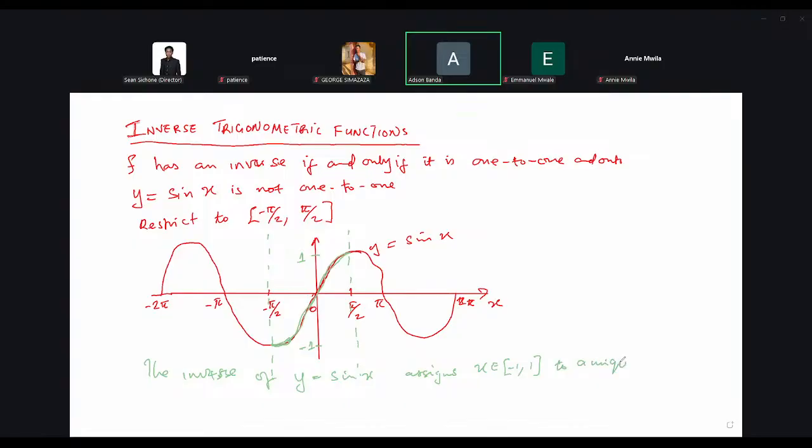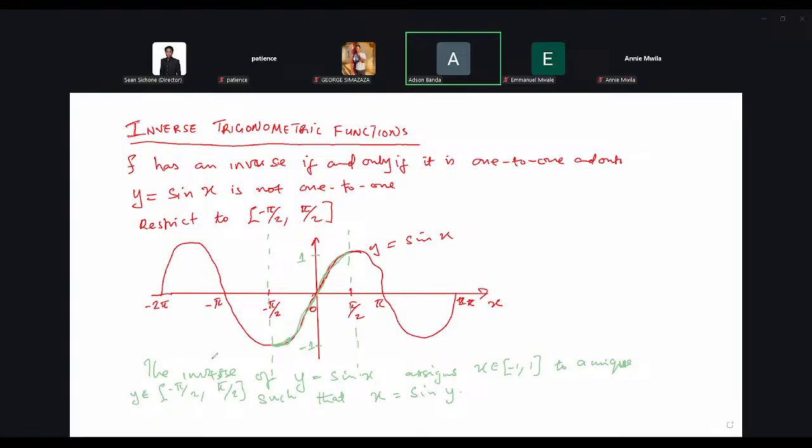So in that case, we have a unique element, let's say y, in the range -π/2 to π/2. So that's the range and the domain of actually the function that we are going to define. And this will be such that x is equal to sine y.